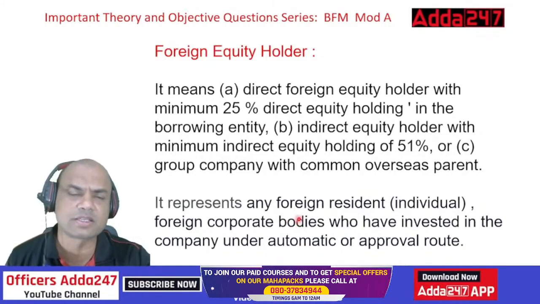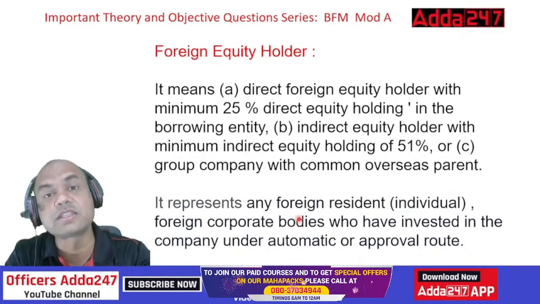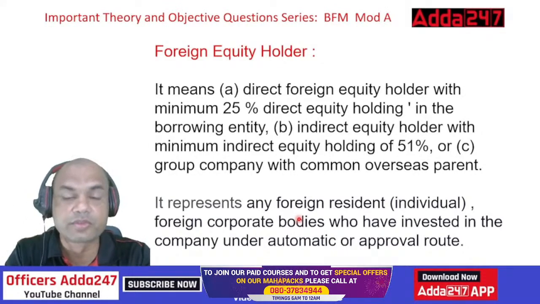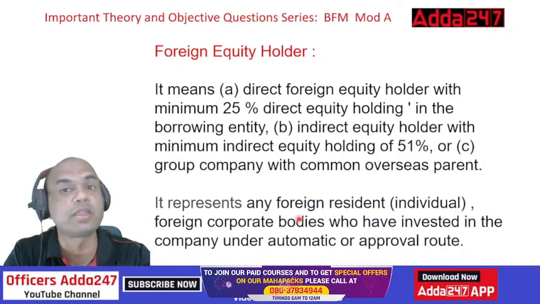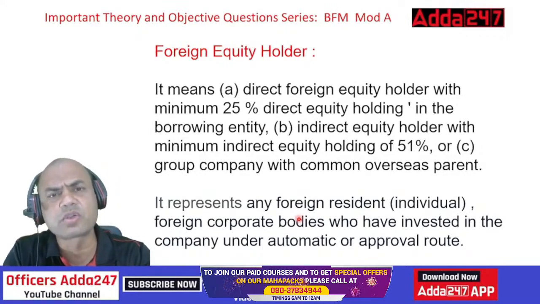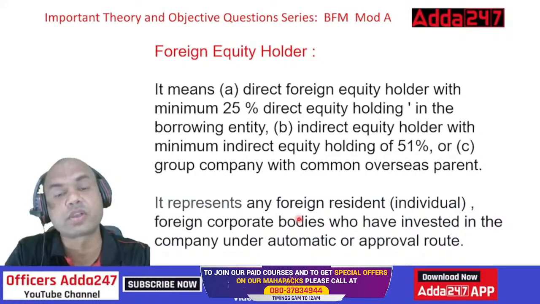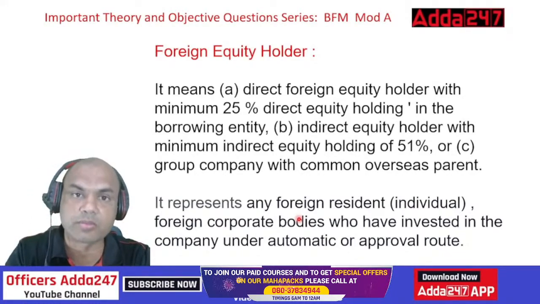Various infrastructure sectors are there. That's why I say follow this series completely, because all the important points are taken over here. It can be the health sector, aviation sector, or something else related to infra. In all these sectors, foreign equity holding is allowed. Free means not really free, it's under the automatic route. Okay.